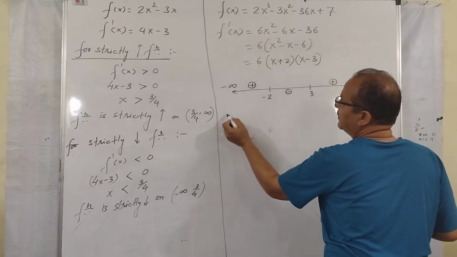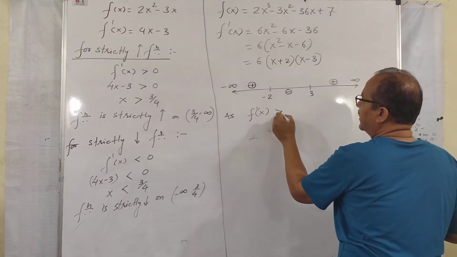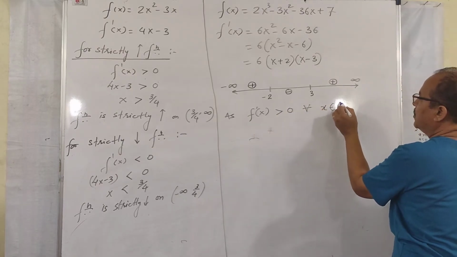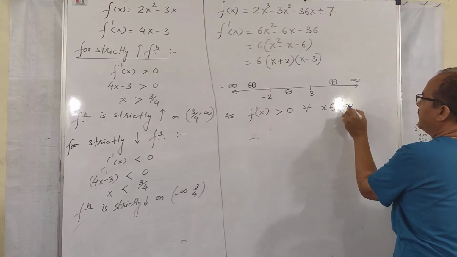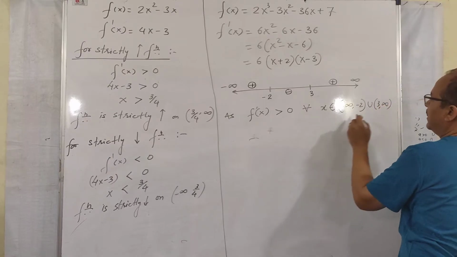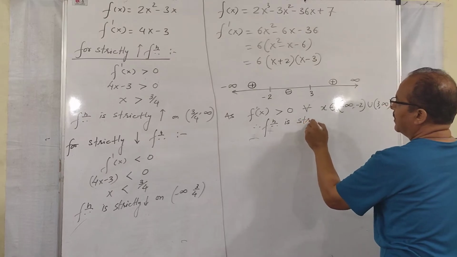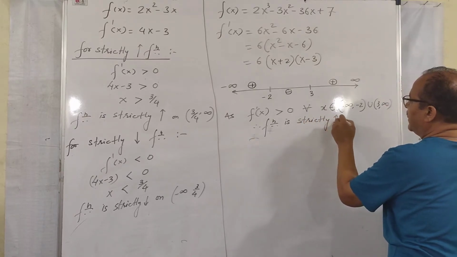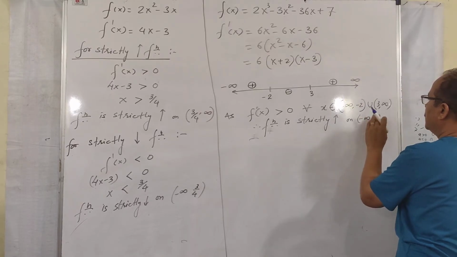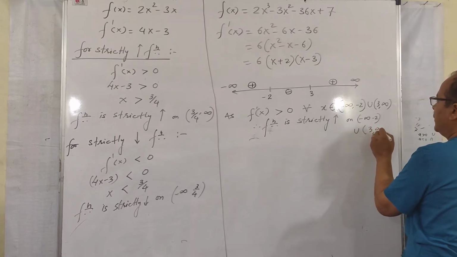Therefore now we will write: as f dash x is greater than 0 for all x belonging to minus infinity to minus 2 union 3 to infinity, therefore the function is strictly increasing on minus infinity to minus 2 union 3 to infinity.